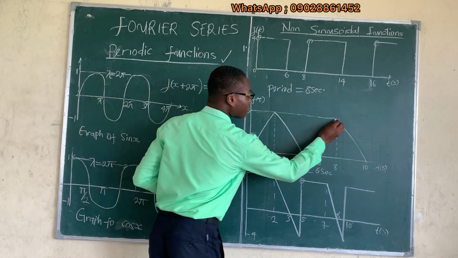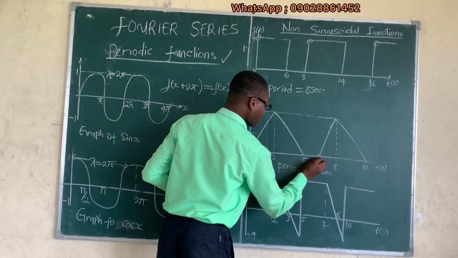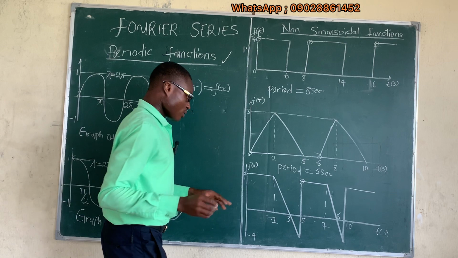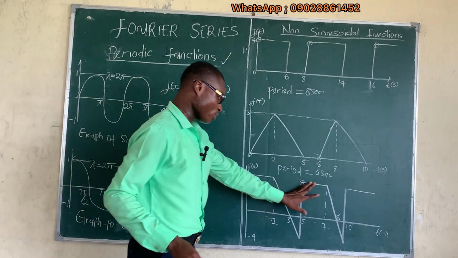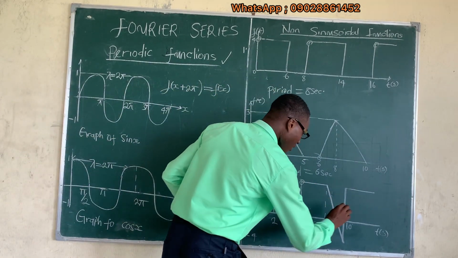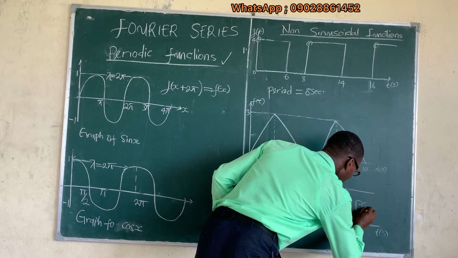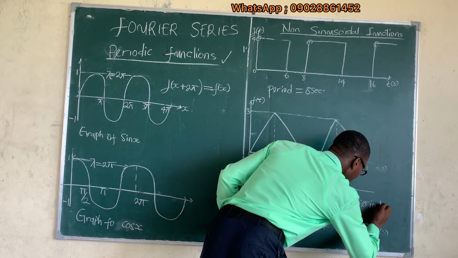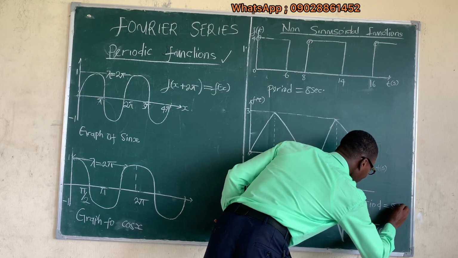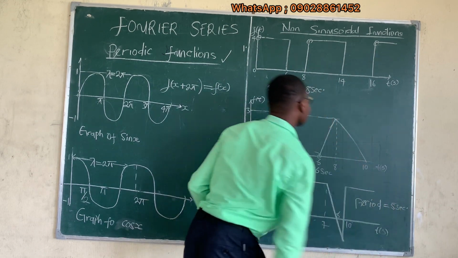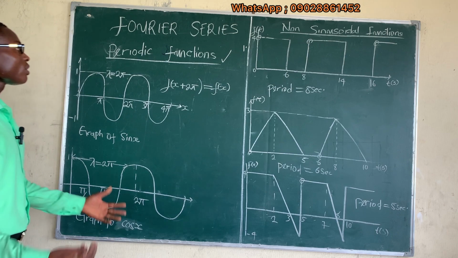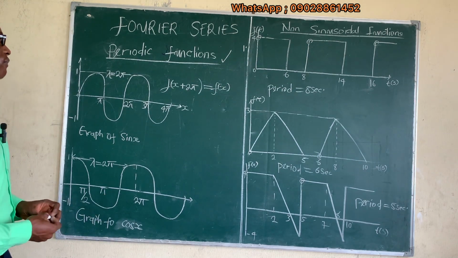For this case, we have it here. So it means the period of this function must be 5. So we can write that the period is equal to 5 seconds. So that is how to analyze a periodic function.